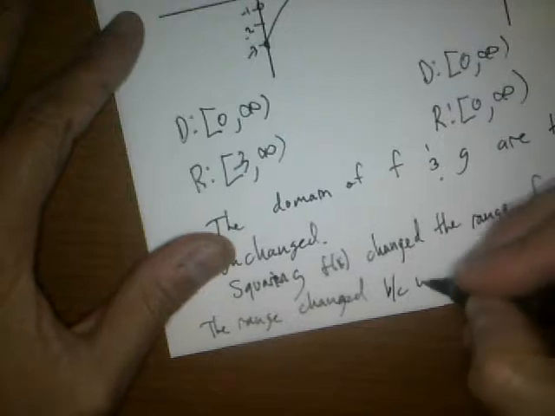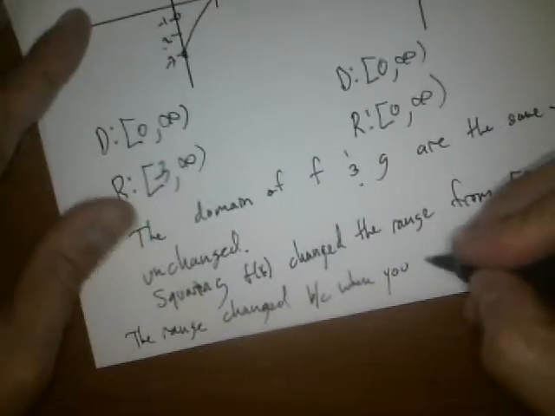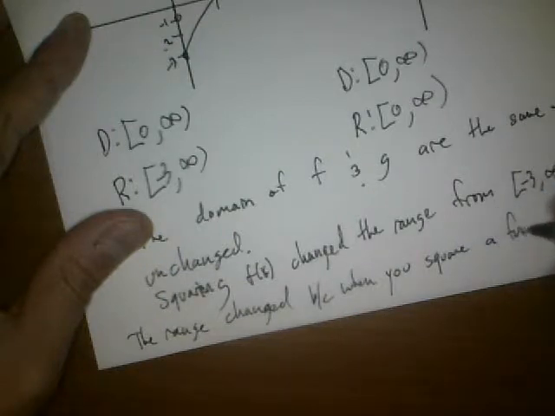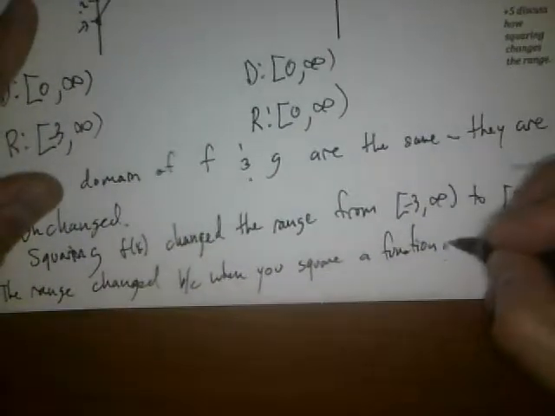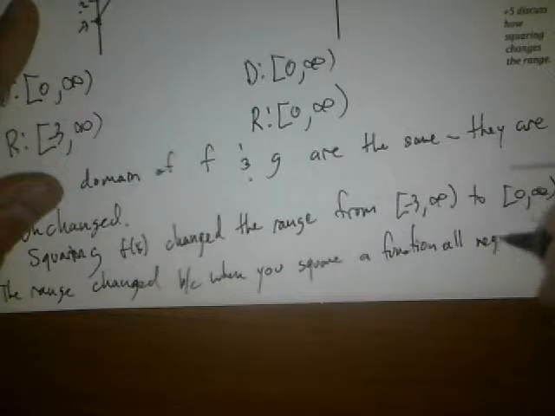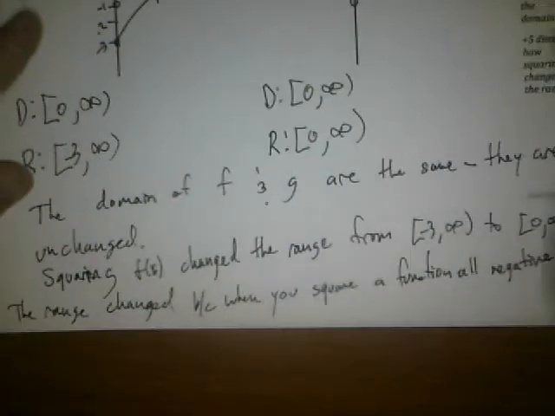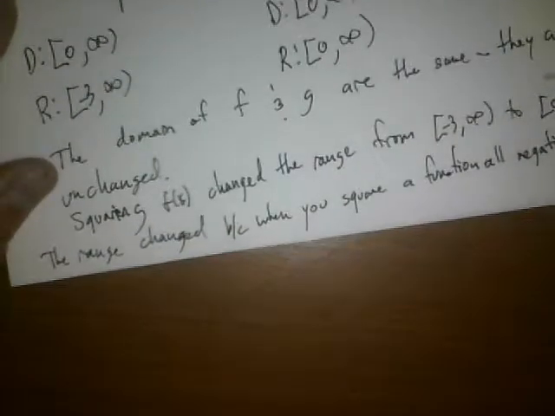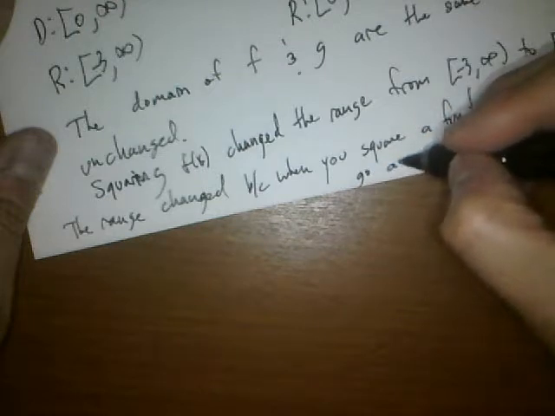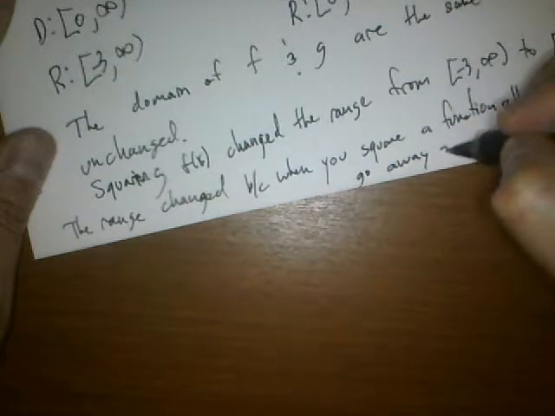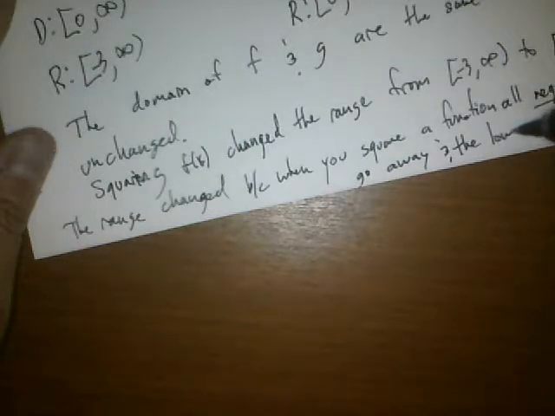because when you square a function, all negative values basically go away, and the lowest point will be 0, right?